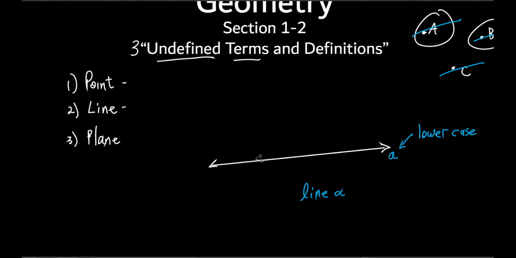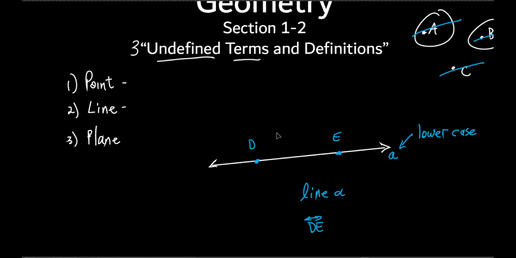Most of the time, you'll probably see a couple points on there, and you'll call this like DE or something, all right? So you could call this two things, couldn't you? You could call it line DE, or you could call it line A.